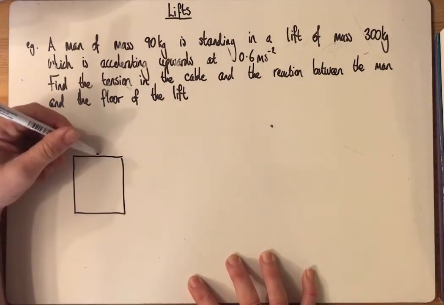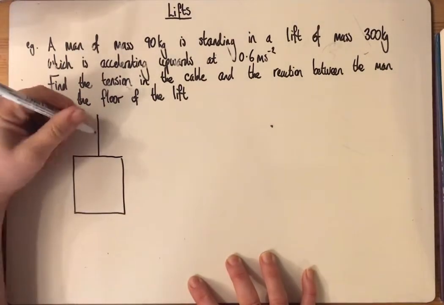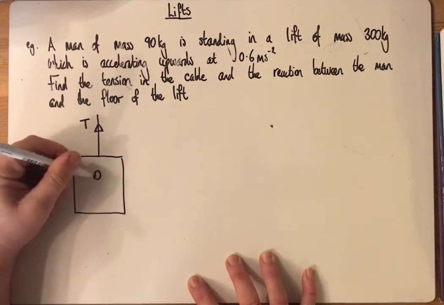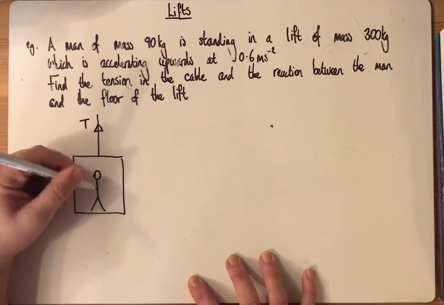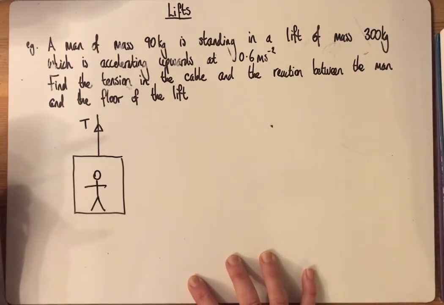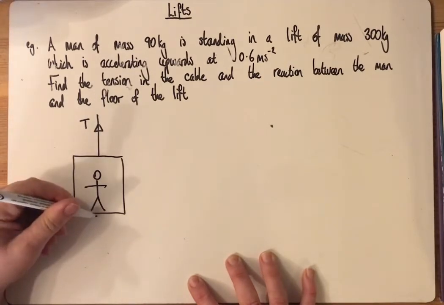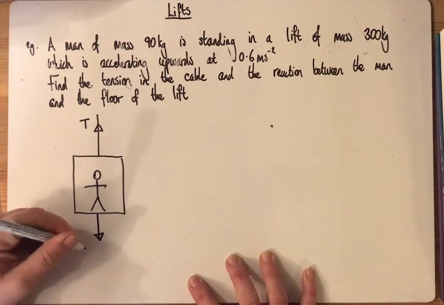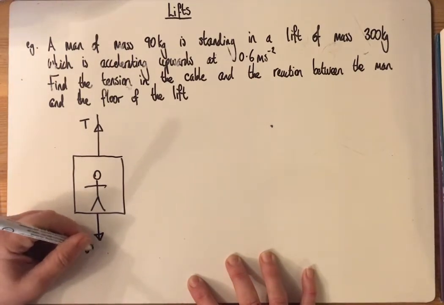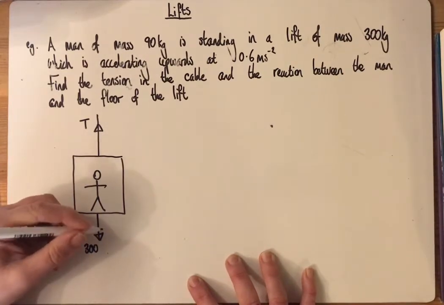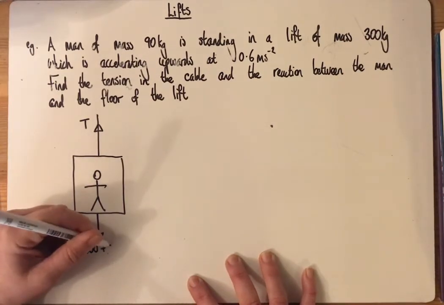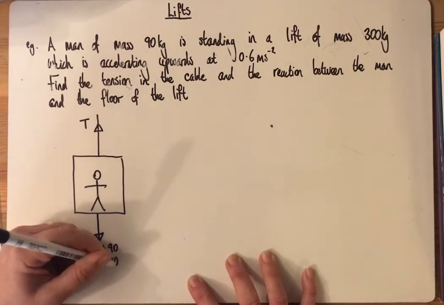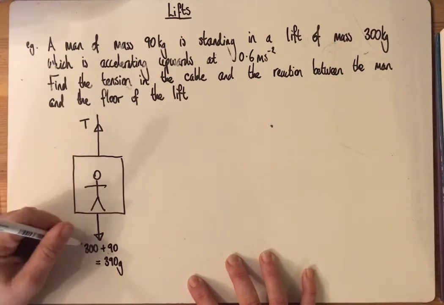So we've got the lift, we've got the cable pulling up on the lift, so we've got tension, and we've got the man in the lift, and he has a mass of 90 kilograms, so we've got 90G acting down, and also the lift has a mass of 300 kilograms. So the total weight acting down will be 390G.